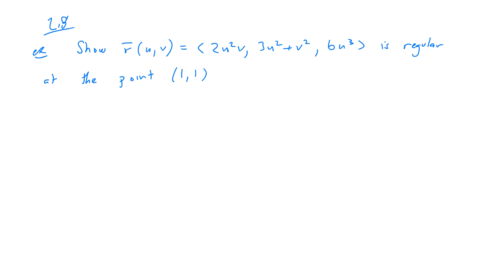So here's a vector or parameterized function, and that's what 2.8 is, and I want to see if it's regular.